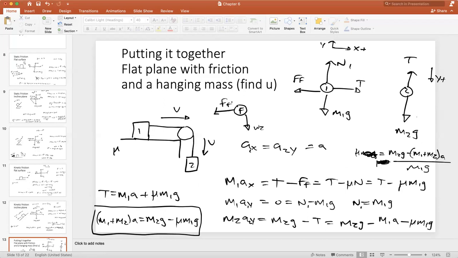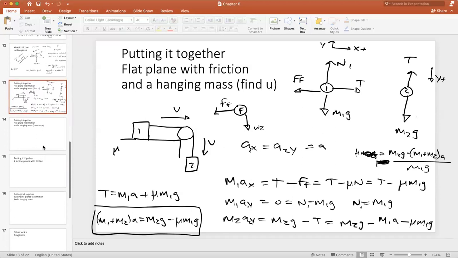And you can see that, which is really nice. It's essentially the two external forces on this, a weight and a friction. And they're trying to work opposite of each other to influence the acceleration. That's pretty nice that we can actually see that.